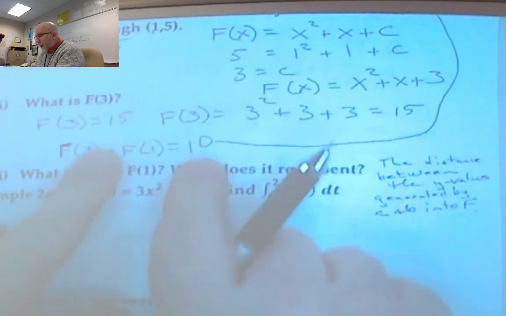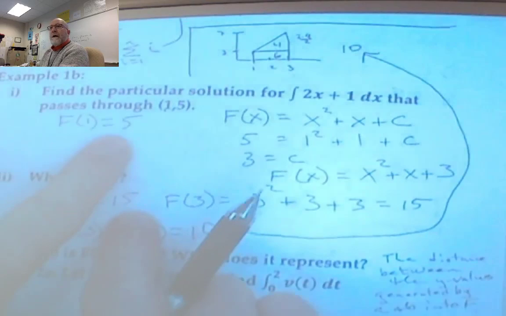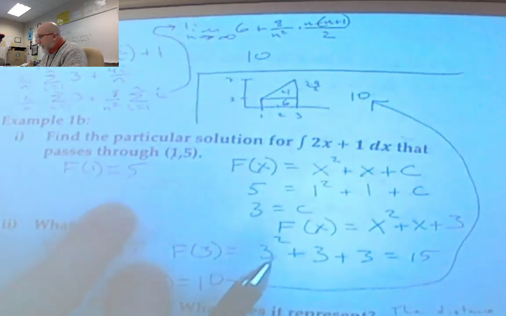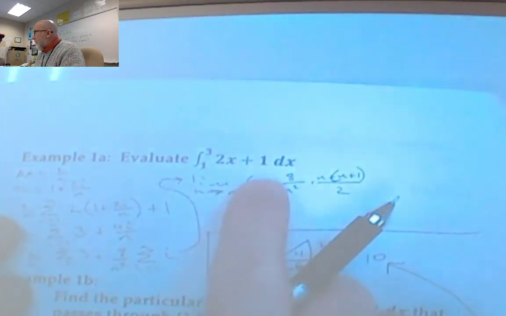Aren't these the y values? 5 and 15? Isn't the distance between those two y values 10? Isn't that the area underneath that curve is 10?